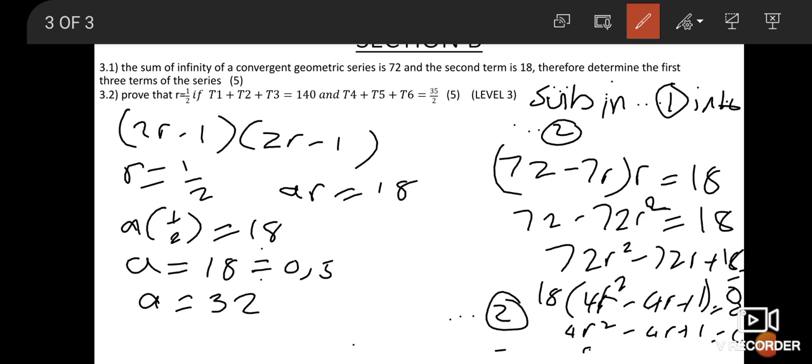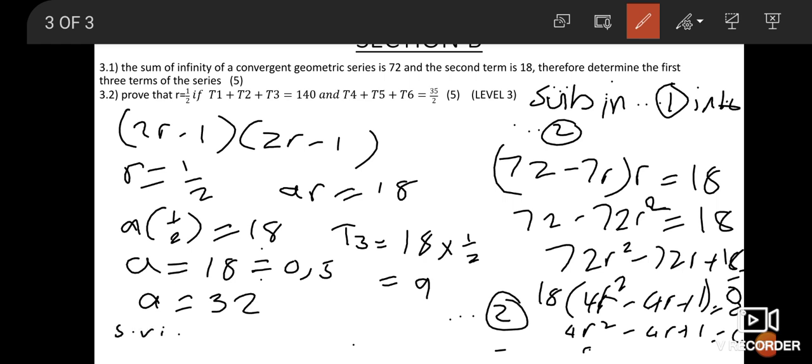So we have a is 36. Now t3, we have that the second term is 18, so t3 would be 18 times the half, which is the common ratio. Then this becomes 9. Therefore, we simply write down the series.